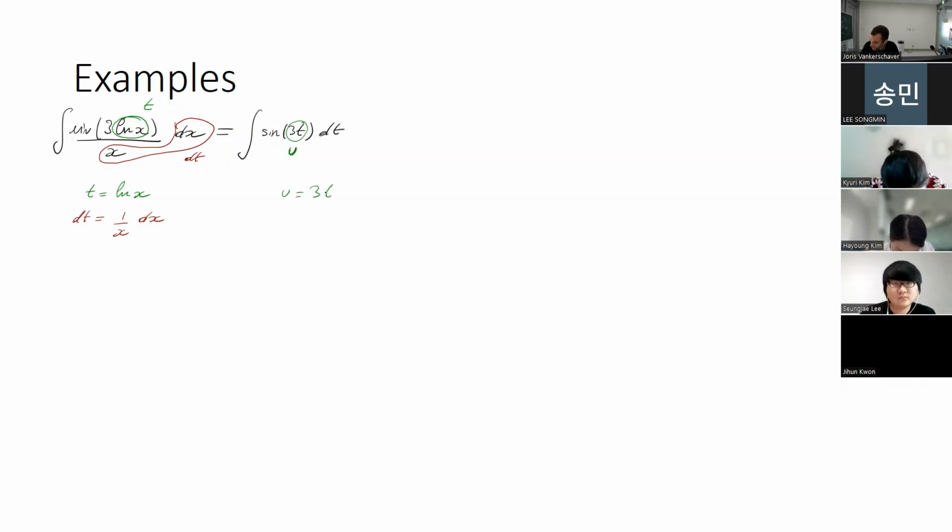So u is 3 times t, du is 3 times dt. And finally, my integral becomes 1/3 sine u du. And that's, of course, something that we can integrate. We get minus 1 over 3 cosine u plus a constant.